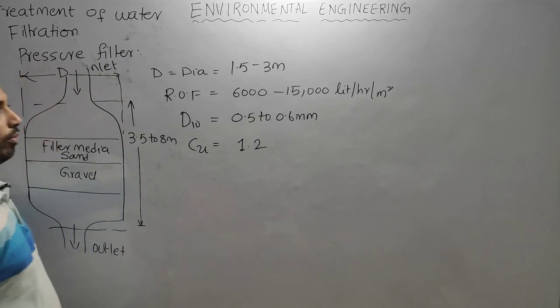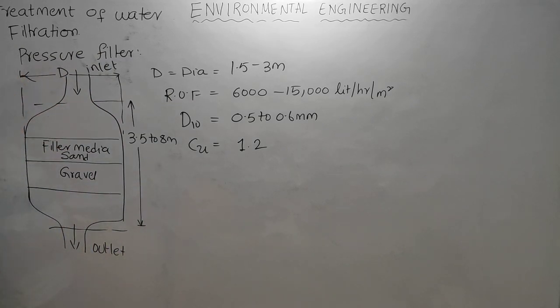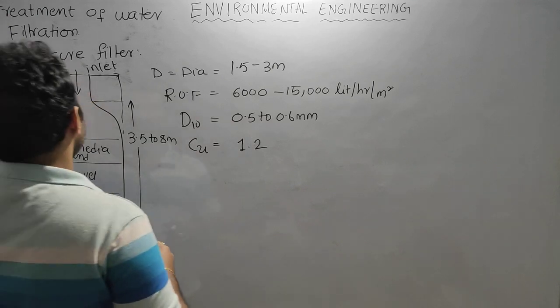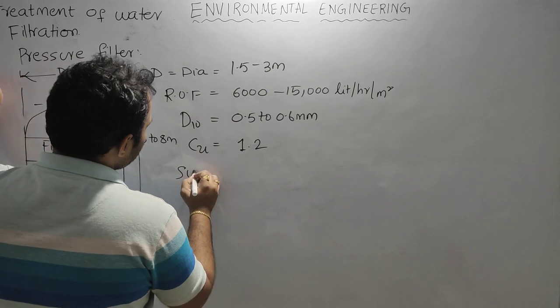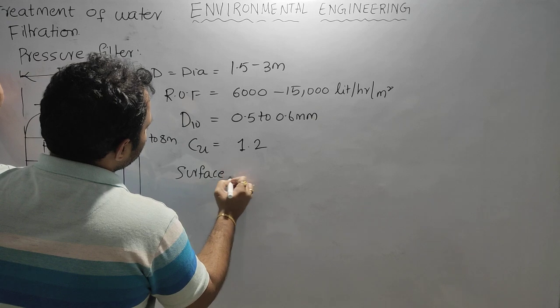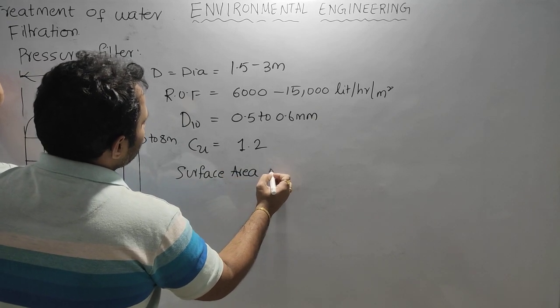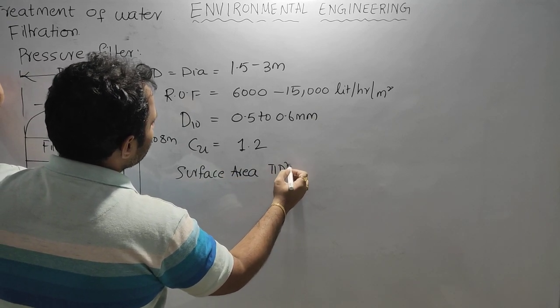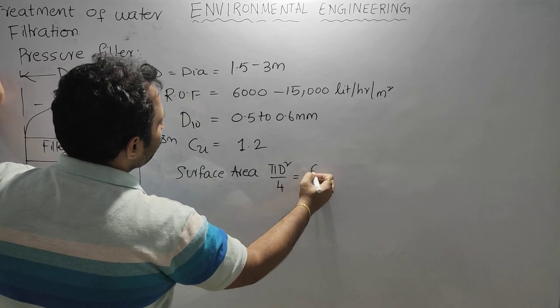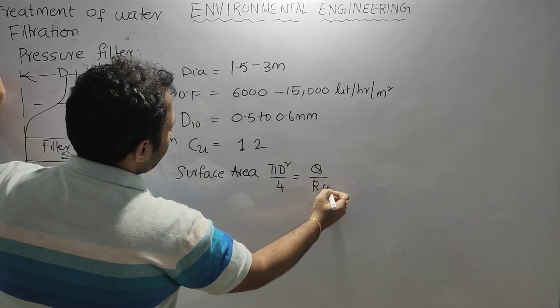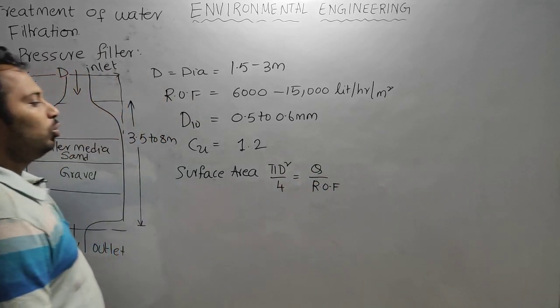We maintain the coefficient of uniformity. And if you want the surface area of the pressure filter, surface area pi d square by 4 is equal to Q by rate of filtration. So surface area is equal to Q by rate of filtration.